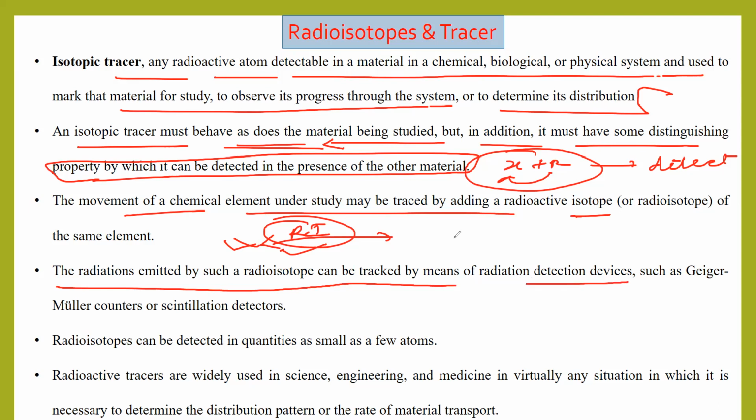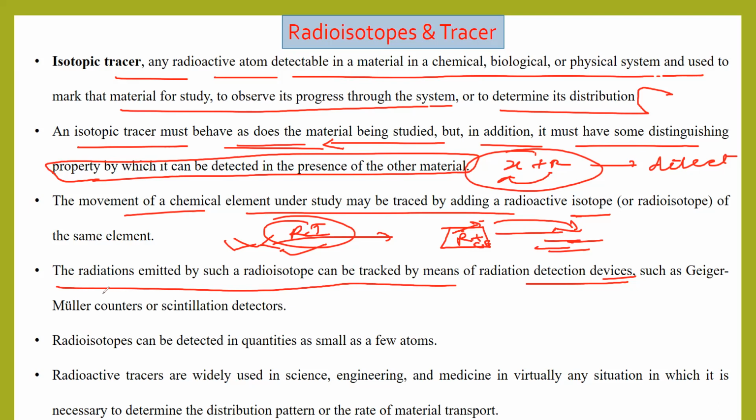So how do we use radioisotopes as tracers? For example, this is the system where the radioisotope and our chemical element are there. Okay, now what the radioactive element will do, it will emit the radiation, and these radiations are detected by radioactive detection devices.